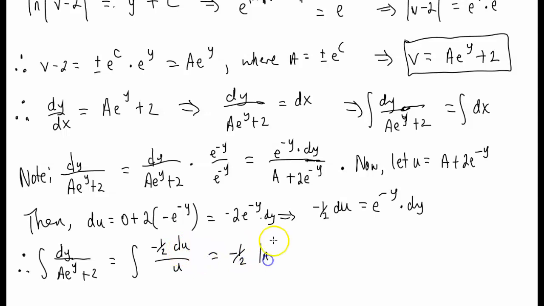And of course, if I take the antiderivative of that, it's just going to be a minus 1/2 natural log of the absolute value of u. Okay, and of course here I'll go ahead and do the substitution for this. u is just going to be a plus, was it 2? Yeah, got that, 2 e raised to the minus y.